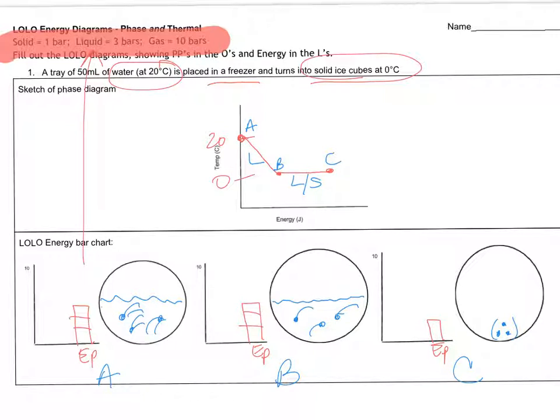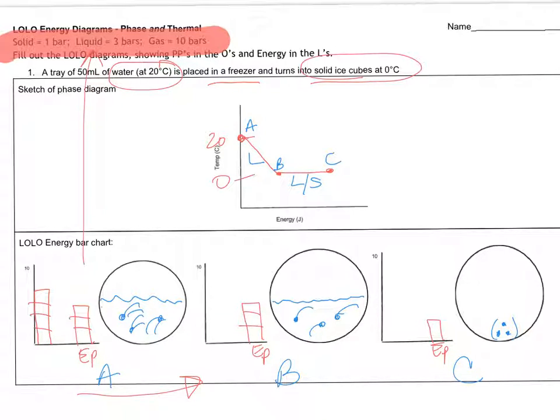Now, going from A to B, one type of energy will change. We already see that phase is not changing, so it must be thermal. That makes sense because when we have a thermal energy change, that's because the temperature is changing. For the temperature, since I'm at 20 degrees, I feel like doing 4 bars. It's kind of arbitrary. You get to pick however many you want.